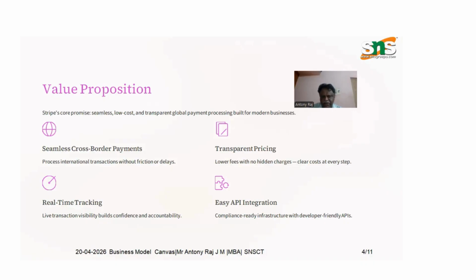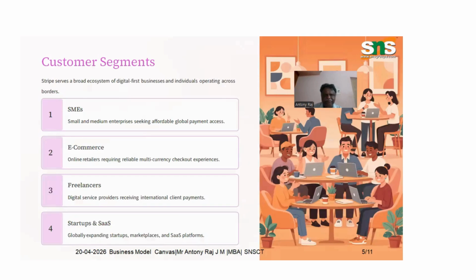And then the application programming interface integration. This particular app was able to integrate very seamlessly with all the existing APIs. Next, in the business model canvas, are the customer segments that Stripe served. One is, as I told you, small and medium enterprises.